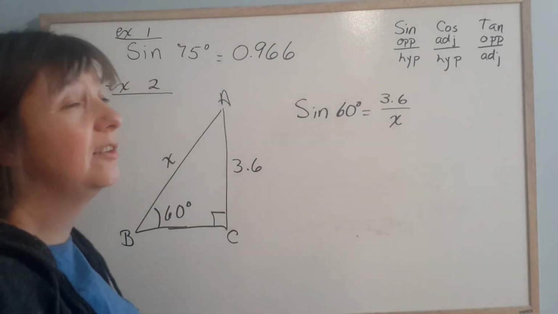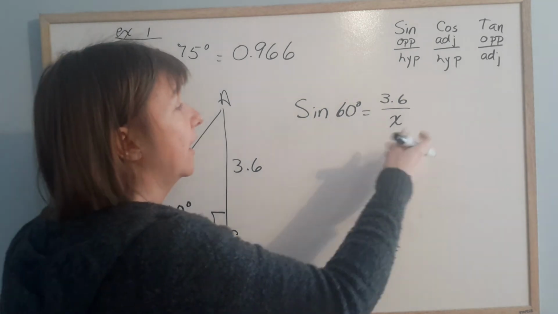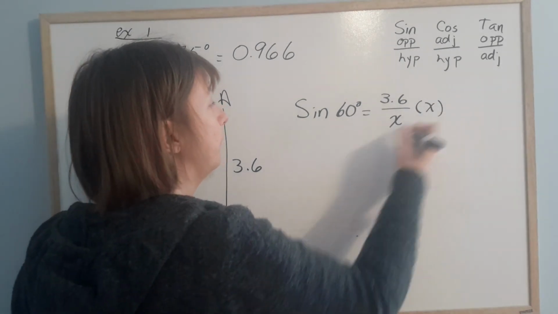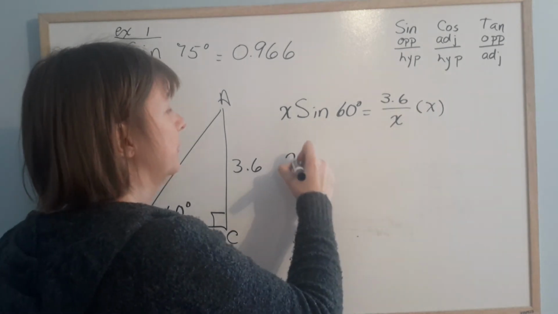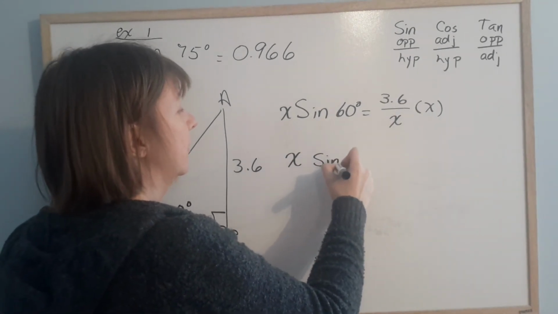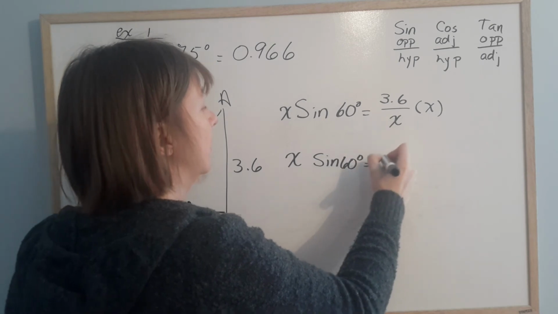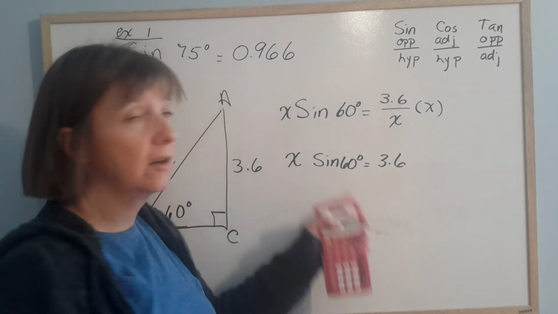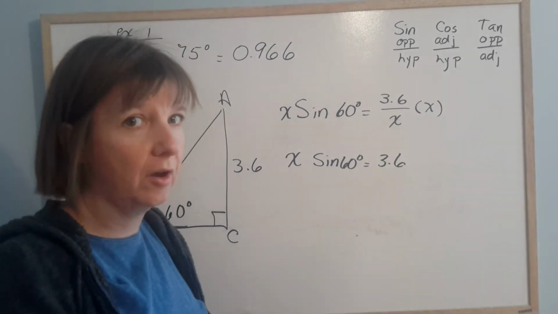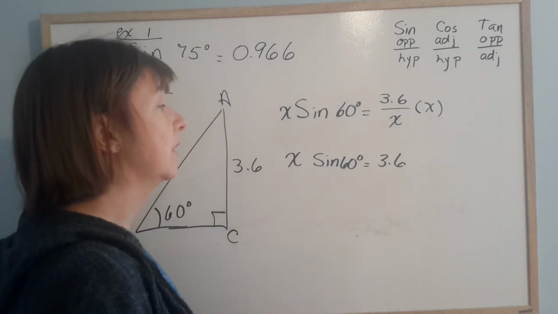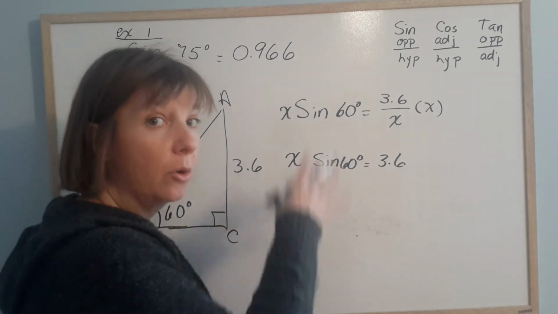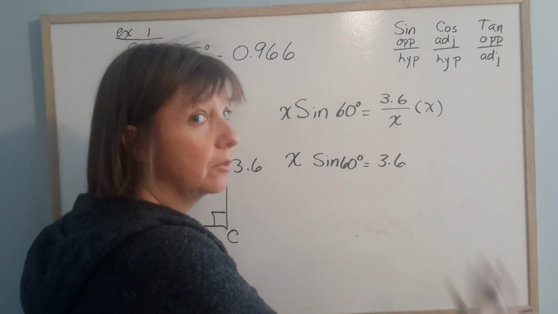I just did one just like this. I have to get x out of the denominator, so I multiply that side by x and I multiply that side by x. So I have x times sine of 60 is 3.6. Again, if you want, you can put sine of 60 in your calculator and get an answer. I don't bother because I just put it all in at the end, but I do show my steps all the way through.